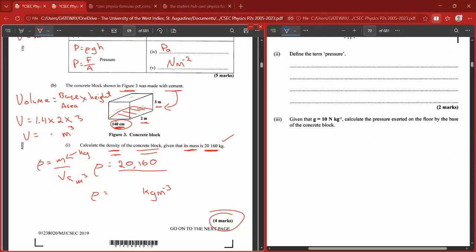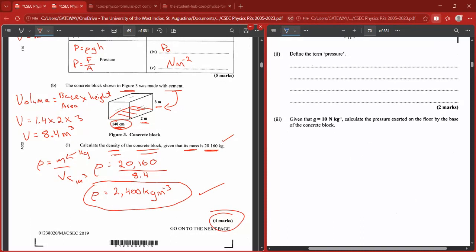So I'm getting 8.4, which is like half of the original volume that I got. So this is divided by 8.4. So 20,160 divided by 8.4, again 2,400. Yeah, I don't see any errors there now. So this is 2,400 kilogram per meter cube, which is the density.